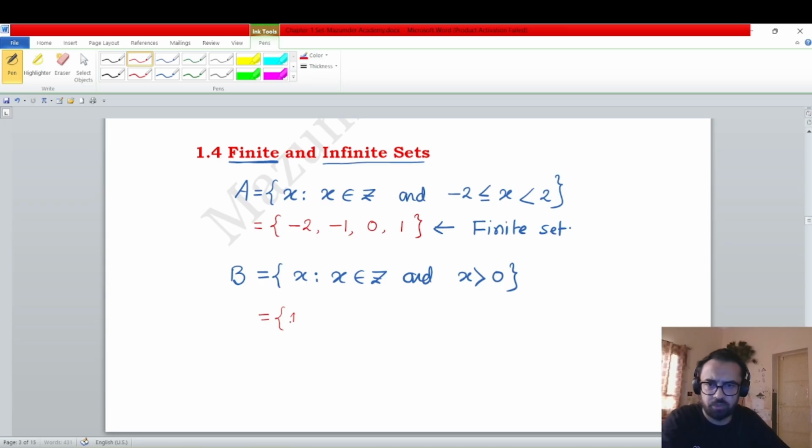So it will start with 1, then 2, then 3, then 4, then 5, and as big as you can choose. There will be no end of the elements of this set. Therefore, this set is an infinite set.